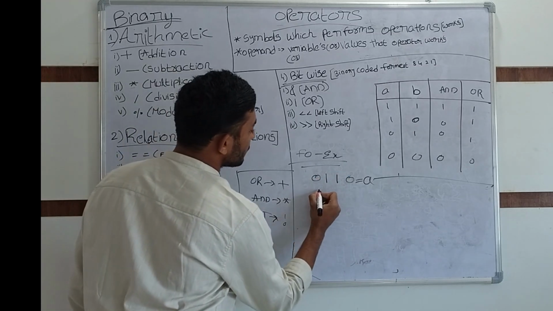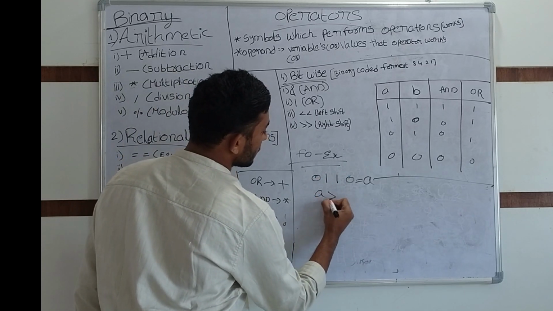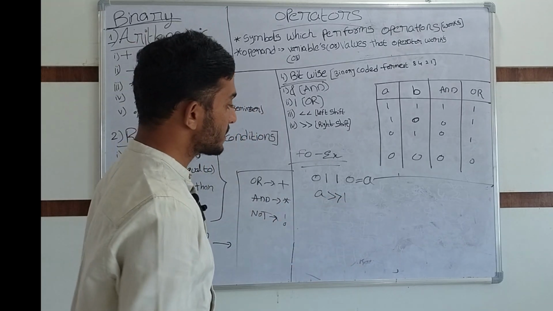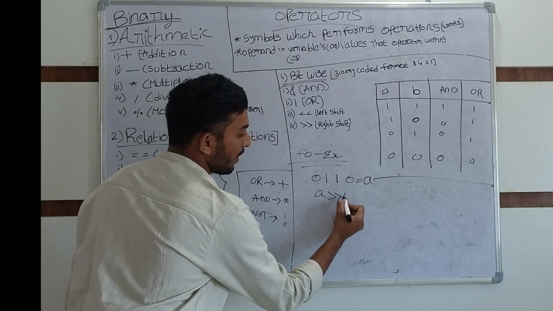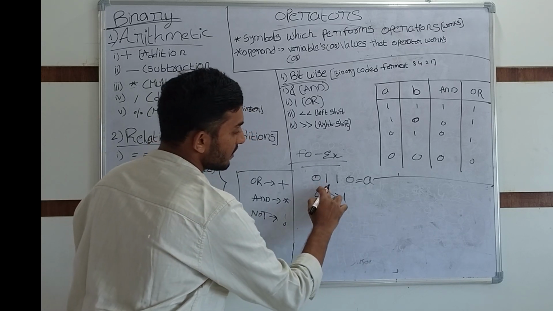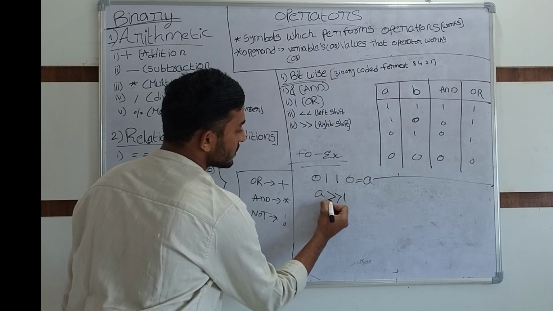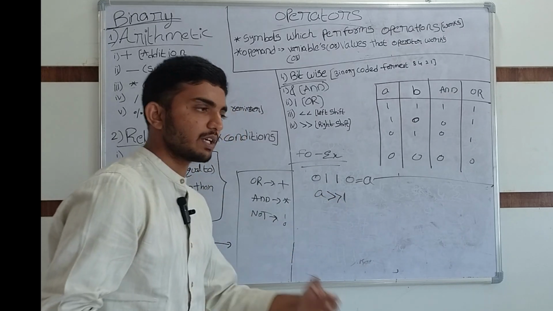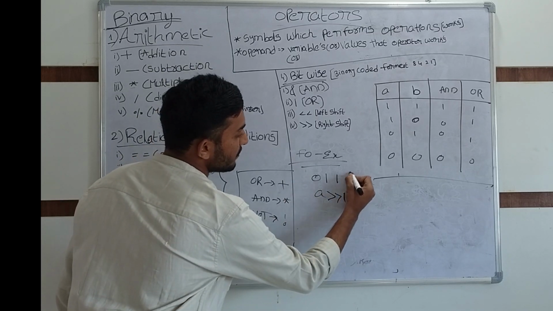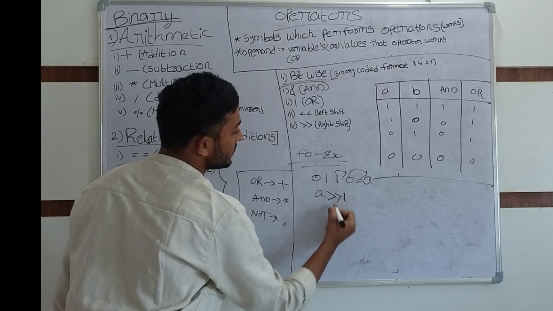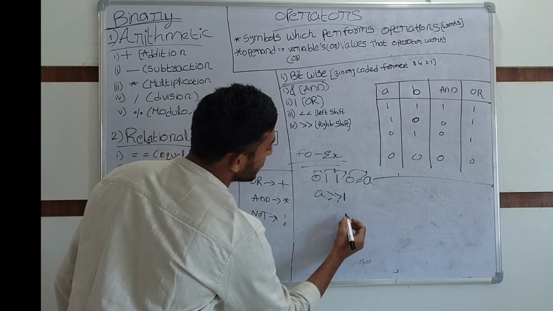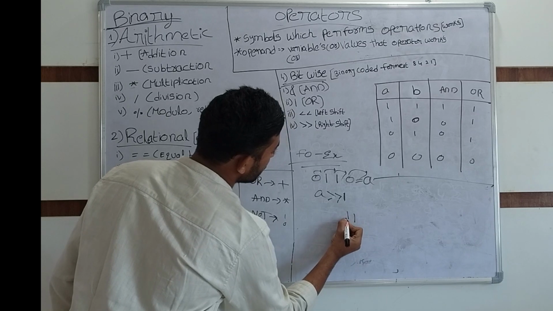If I write a left shift 1, that means we have to shift by one value to the left side. Here I am using only one shift. Left shift is 1 here. Let's shift here, and we get 1 1 0 0.